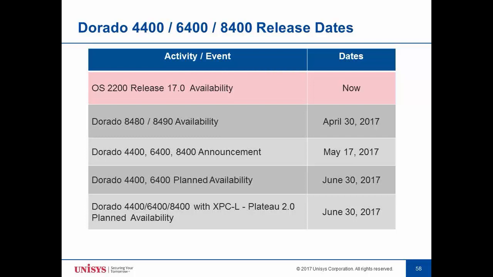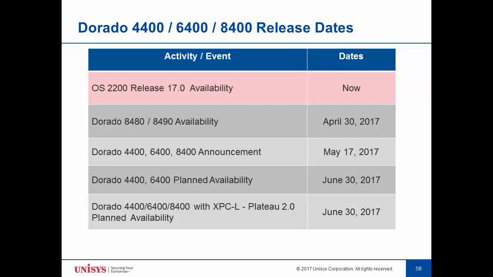We have several clients that are looking at those implementations and should have some shipments shortly. Announcement, we're doing that right now. All of the Unisys web pages and capabilities to read up and get more information about these new platforms are now part of unisys.com.